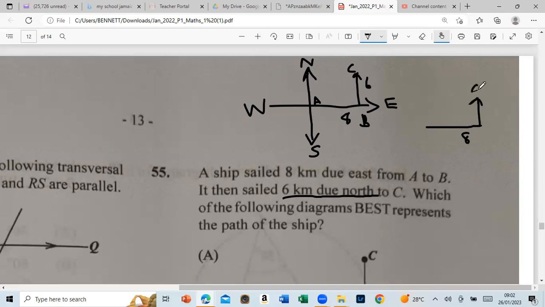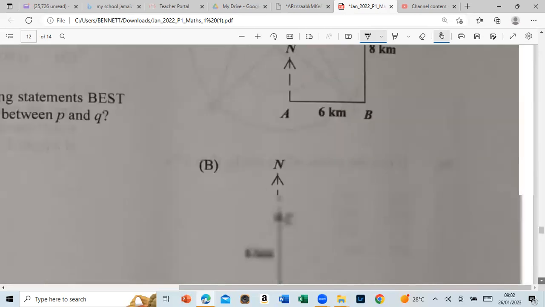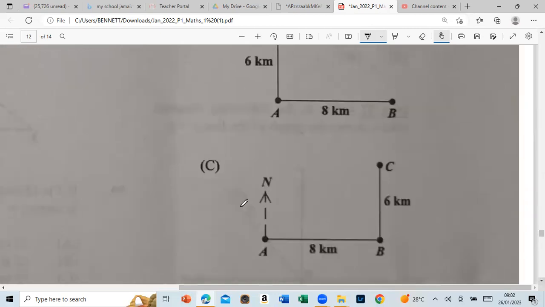That's it. And then we have part A, part B, and C. Let me say again, 8 to go across. Yeah, this is right. So this will be it.